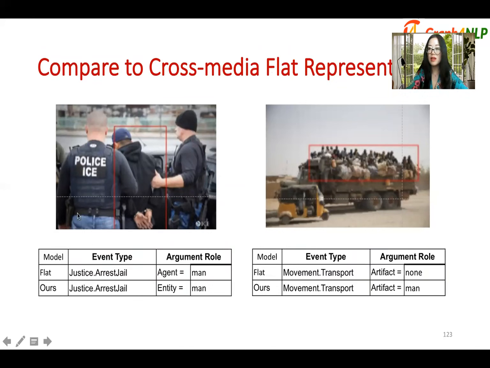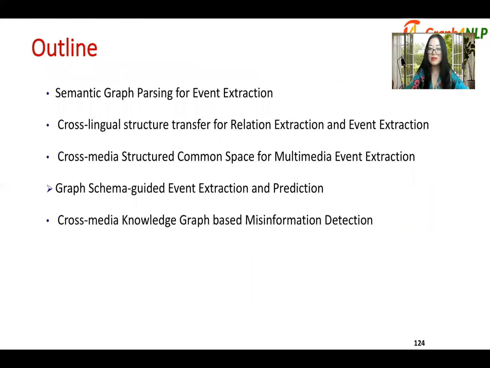So you can see in those multimedia embedding representations, they often misclassified many event argument roles. For example, this person was mistakenly identified as an agent instead of the person who is being arrested. And especially when we have a bounding box that's very busy, a flat representation will also mistakenly miss that kind of roles. All right, so that shows that graph structure can help us improve the portability.